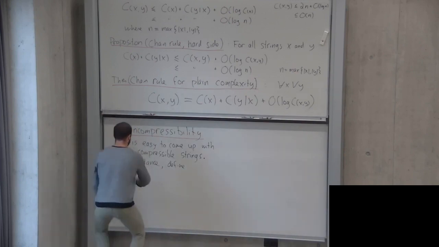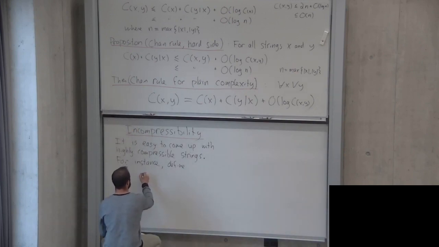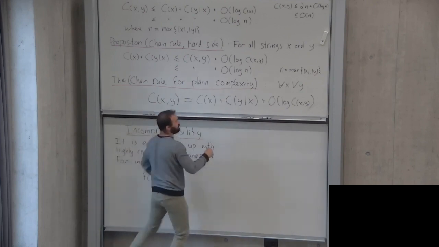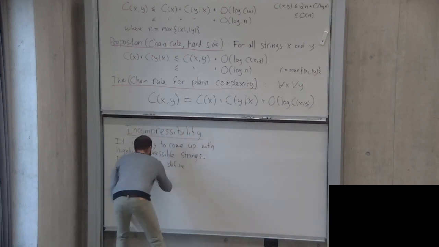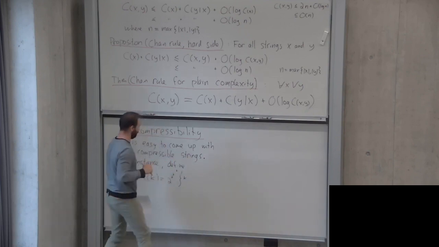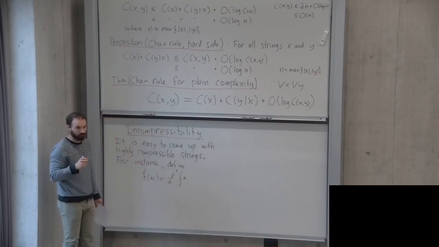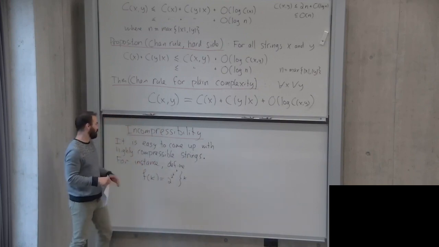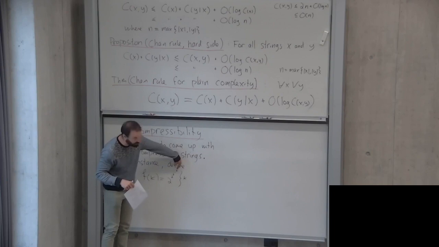I'm going to choose one of them, a tower of exponentials: f of k as 2 to the 2 to the 2 to the 2, and I've got k 2's. To give a precise meaning to that, you have to start here.